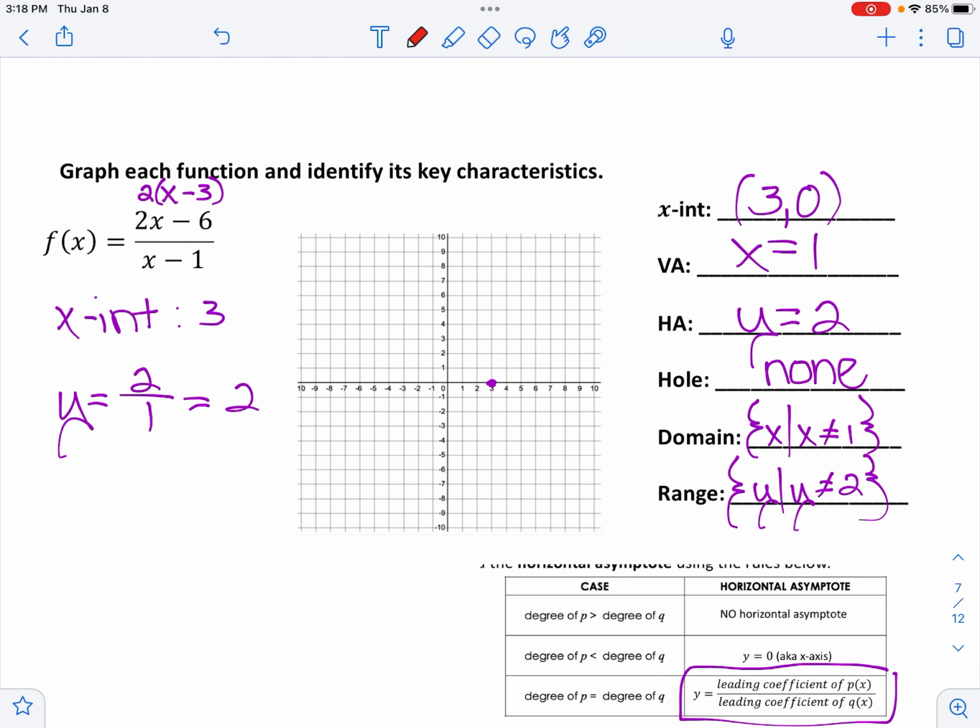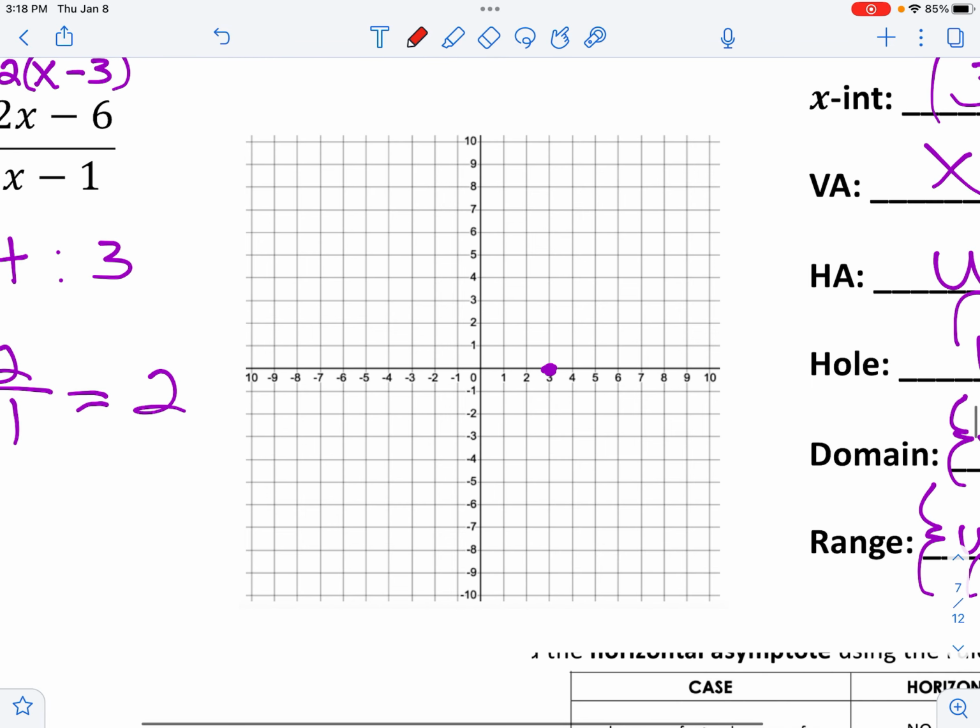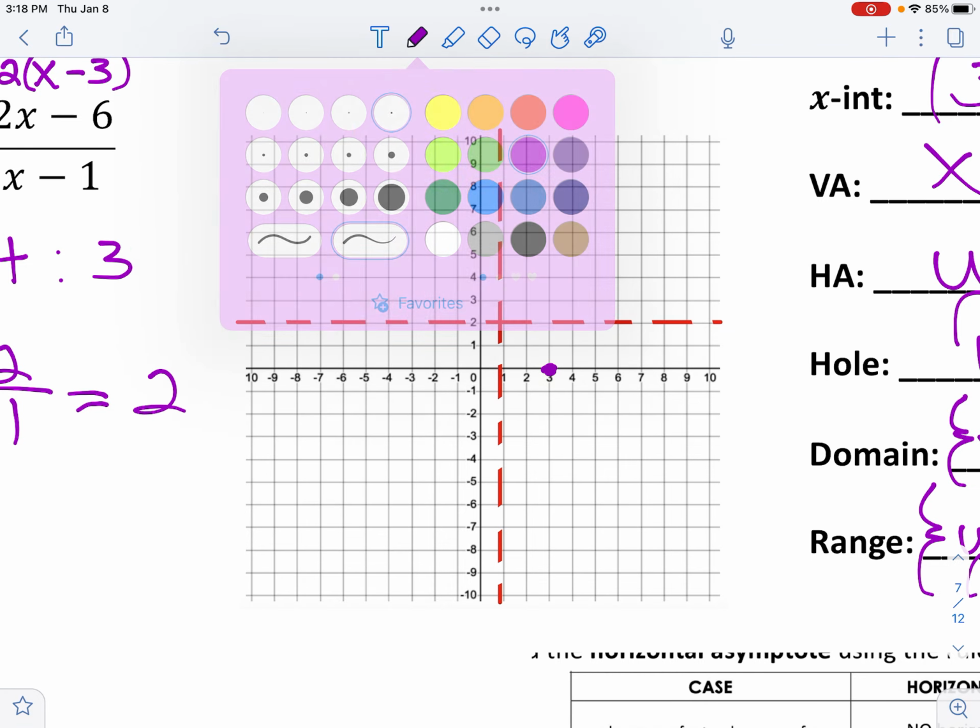All right, so x equals 1. Okay, and y equals 2. All right, and then I want to plot a couple of points.